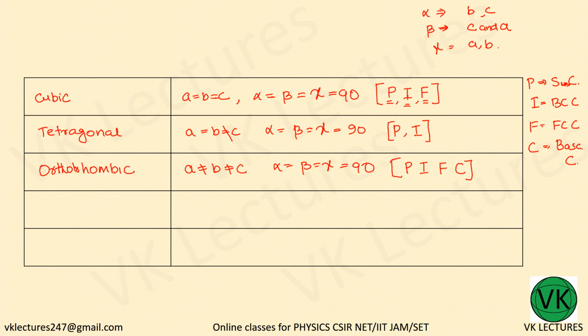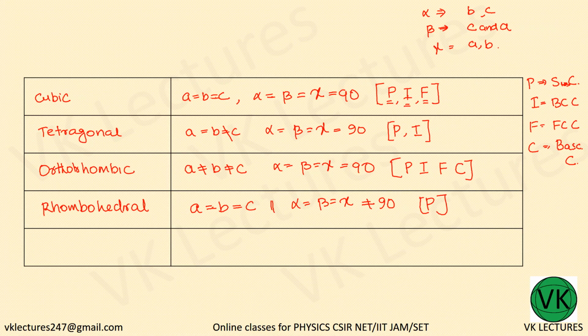Alright, so now we have the rhombohedral. Rhombohedral says A equal to B equal to C, and alpha equal to beta equal to gamma, but it is not equal to 90 degree, and it has only one crystal structure, that is the simple cubic.